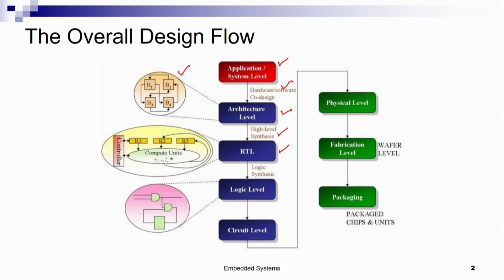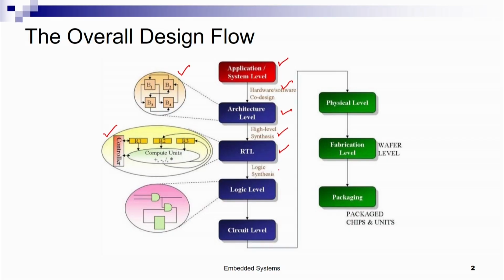We will talk in detail about that, and it will have a structural representation as well in terms of registers, functional units, a controller that controls it, etc., as shown in this elliptical enclosure.